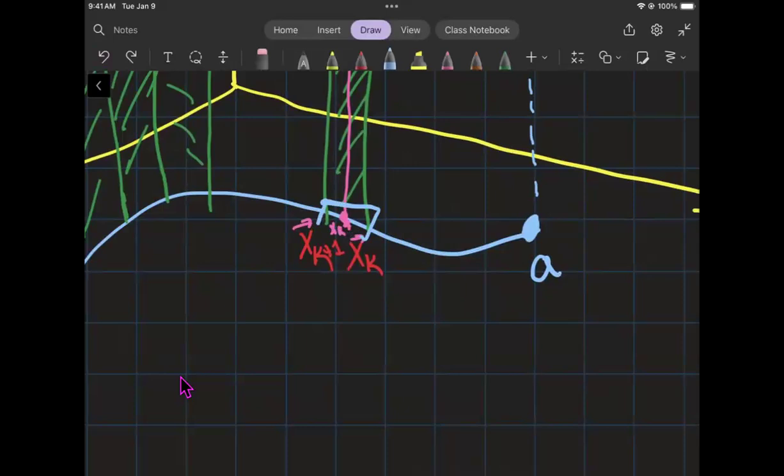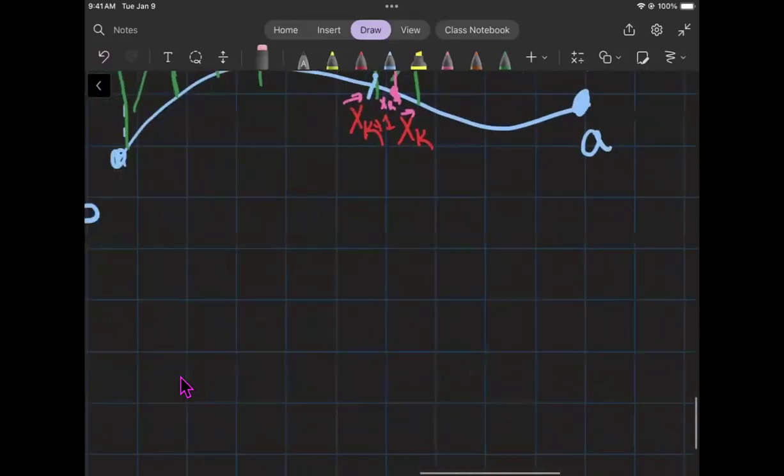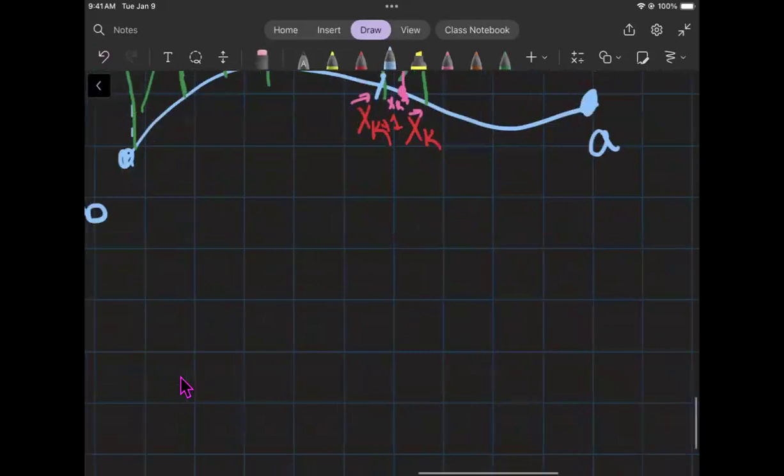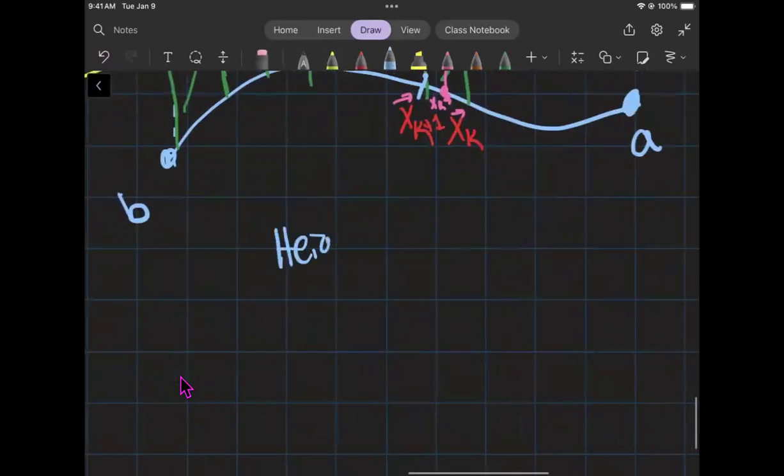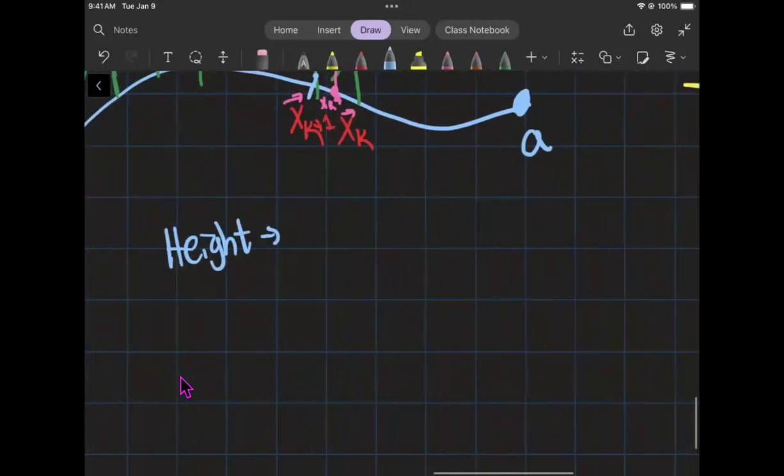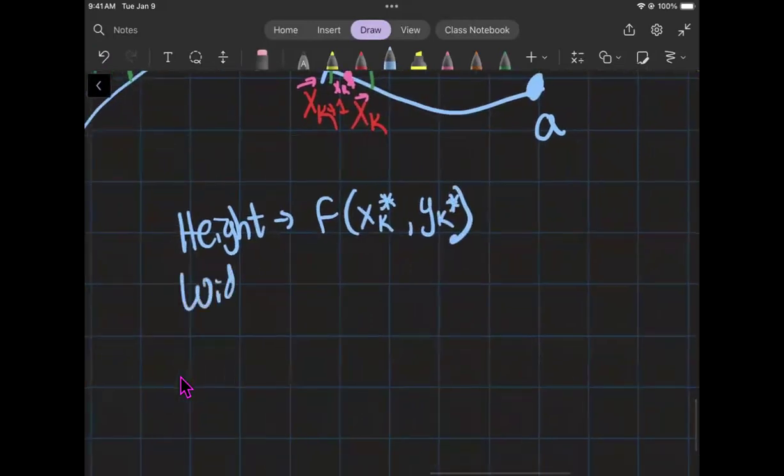So to figure out the width, we're going to have to use the arc length. So let me list these out. The height would equal f of x sub k star, y sub k star. And then the width.